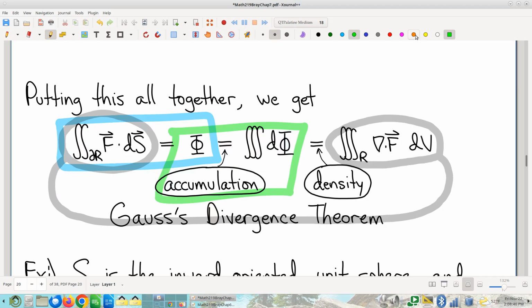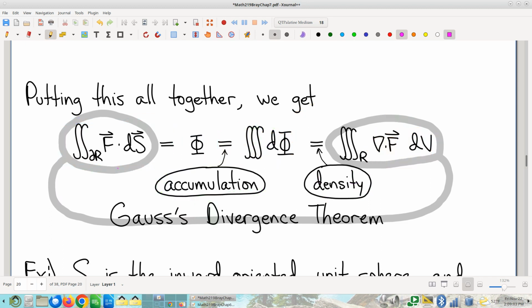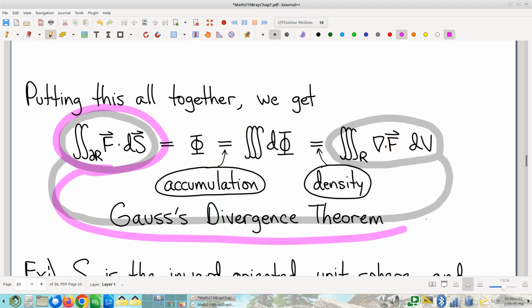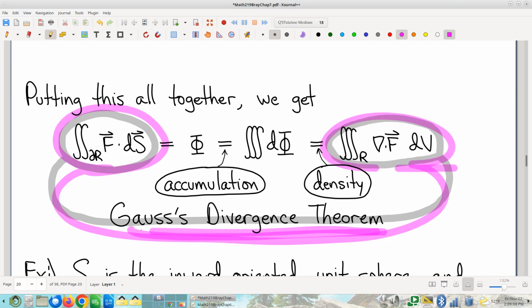And when you have something that accumulates, stuff is stuff per unit size times size. And this is going to be our big theorem then. This is Gauss's divergence theorem.